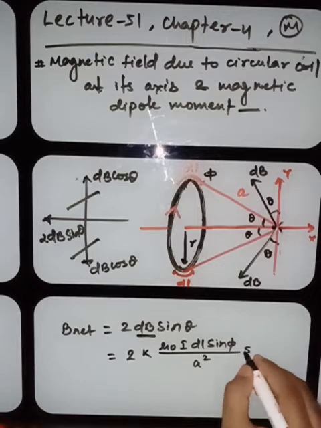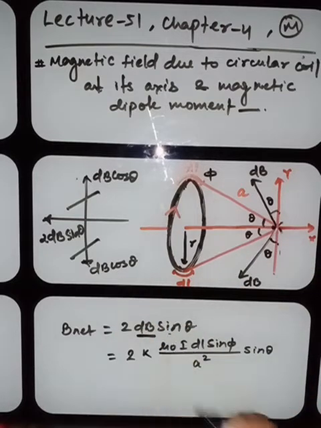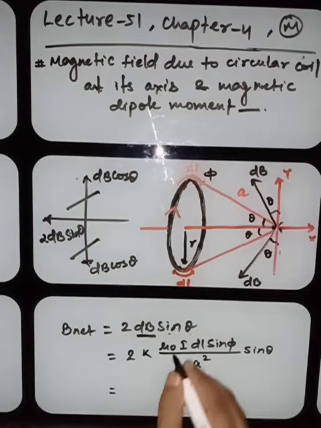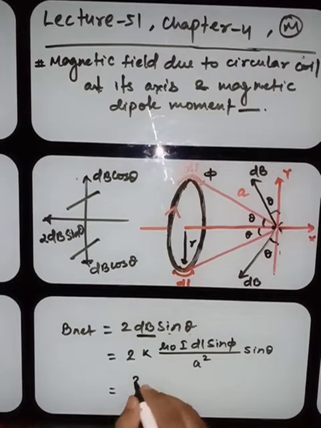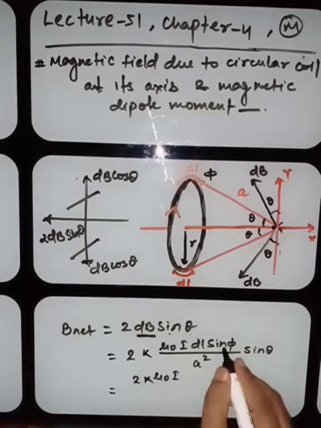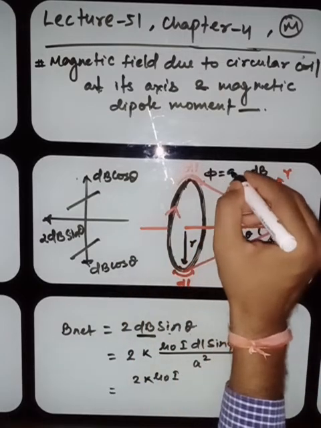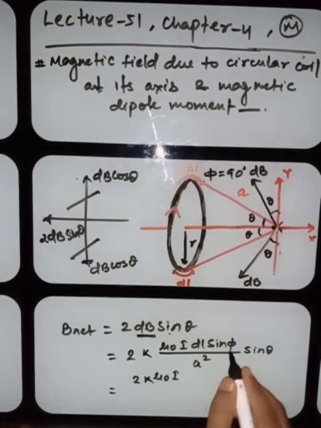Now sine theta is due to this component, and you can calculate it. 2 k mu naught, all together constant, and sine phi, where phi is 90 degrees. We have already discussed that phi is 90 degrees, so sine 90 will be 1.